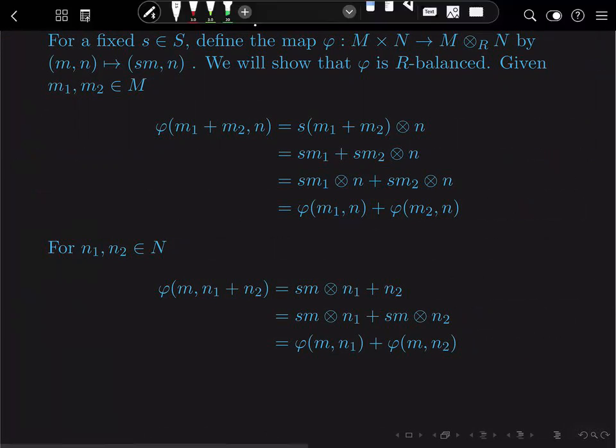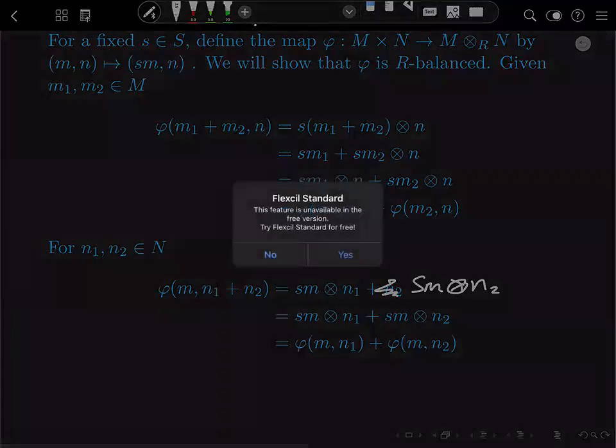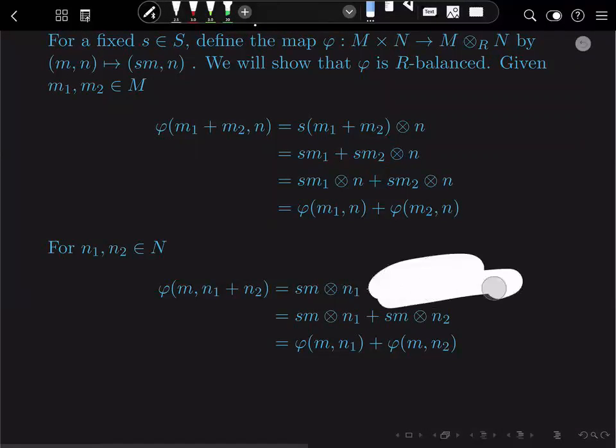We have phi of (m, n1 plus n2) is sm tensored with n1 plus sm tensored with n2. This is correct, but I kind of want something like this.